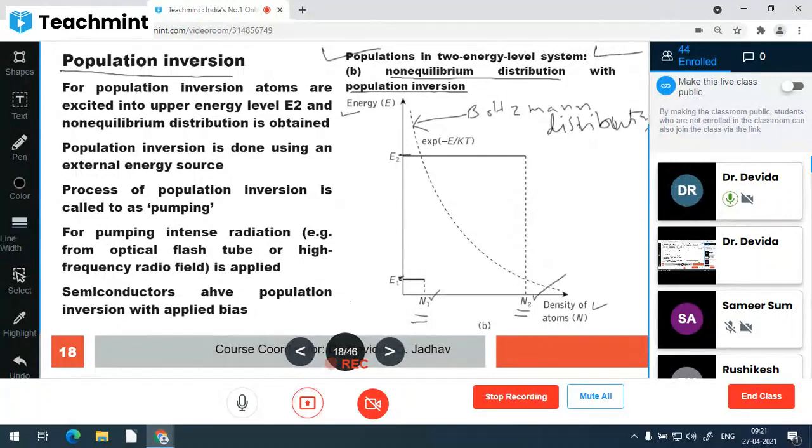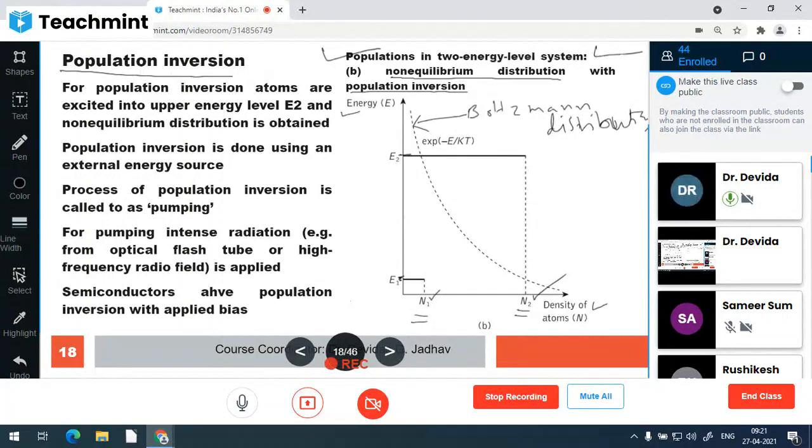So this is population inversion. Whenever the number of atoms in the conduction state is larger than in the valence state energy level, it is called population inversion.